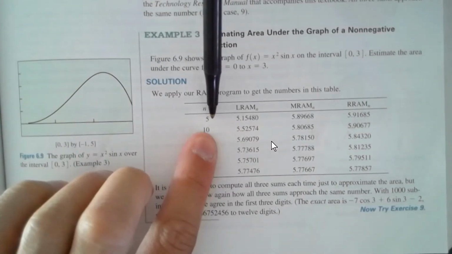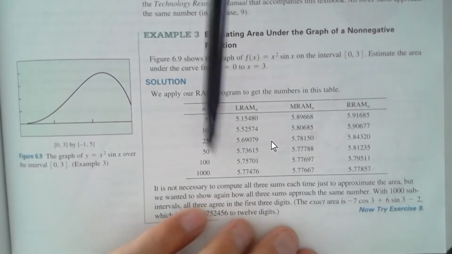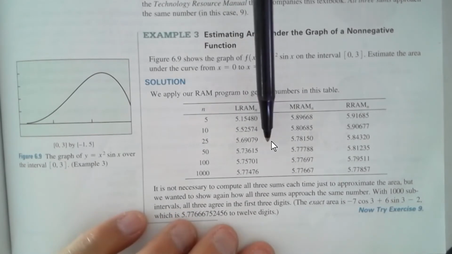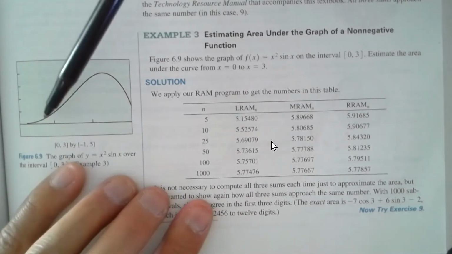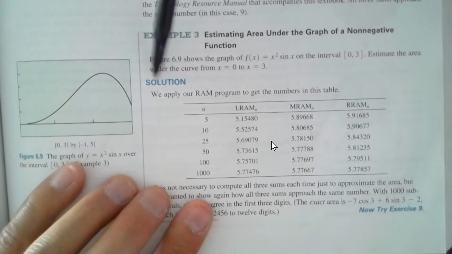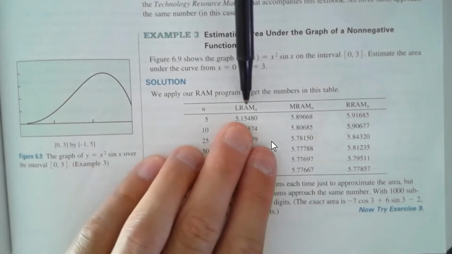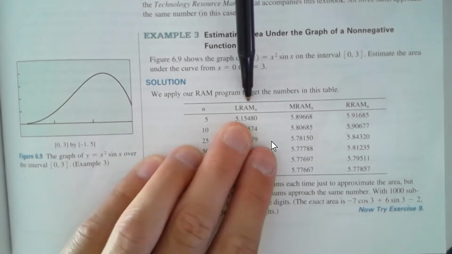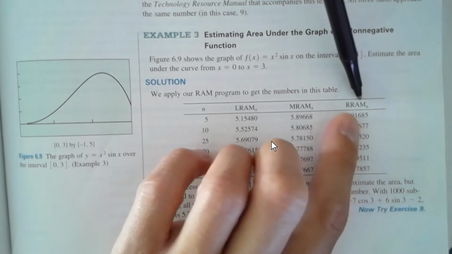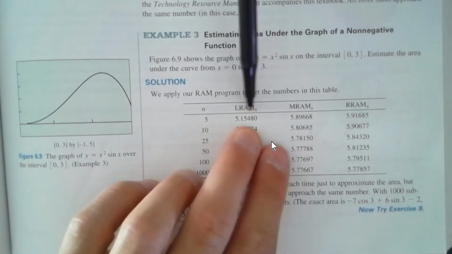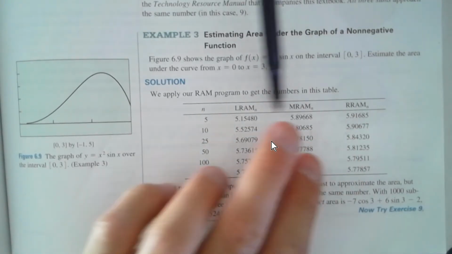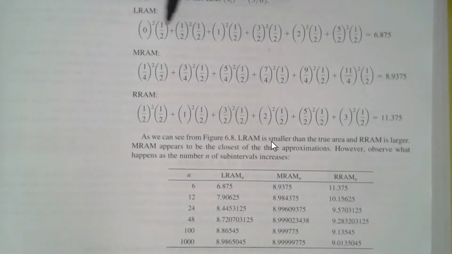For between 0 to 3, they made this many rectangles. So they actually have a program in which they can calculate the Riemann sum and tell you, if you gave it the direction to go left sum, middle sum, or right sum, it'll give you a total area measurement according to which method you ended up using. And by the way, if you look up here in the book, all of this should look really recognizable.